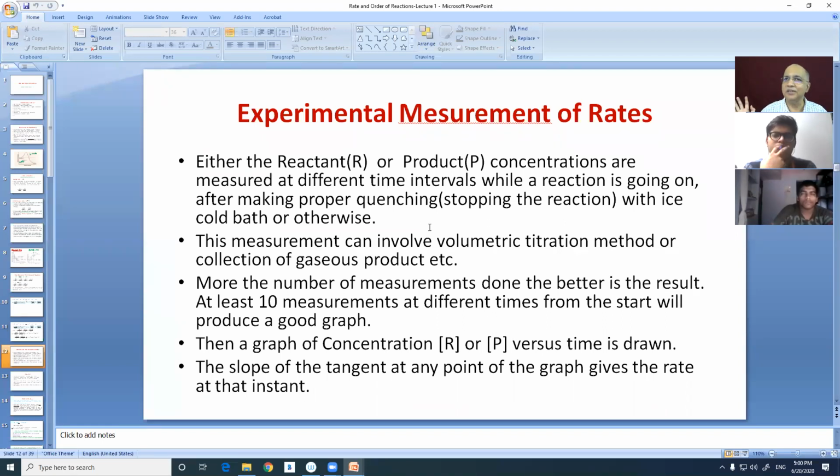Then they are asked to take one of them at 10 minutes and quickly quench it, put it under an ice bath or dry ice. The temperature is much lower than 0 degrees with dry ice. You quench it, and during quenching, you titrate.